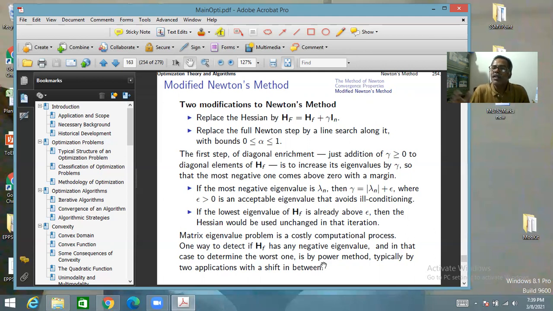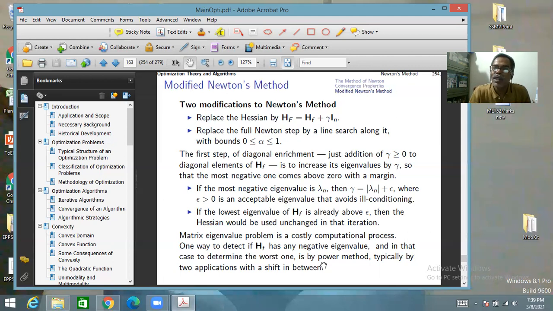You first subtract that maximum magnitude eigenvalue from all the diagonal entries. So you will shift all the eigenvalues leftward, that is, forcing them to be negative. So whichever was smallest earlier, whether positive or negative, will now get pushed to the extreme left.